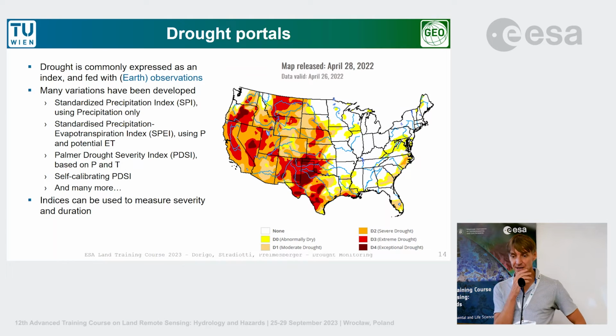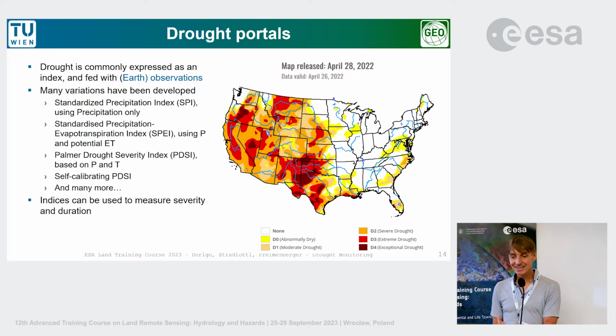I showed you the SPI and the SPEI, but there are many more drought indicators, for example the Palmer Drought Severity Index, which is based on precipitation and temperature, and the self-calibrating PDSI, which is more fine-tuned for local conditions, and many more.